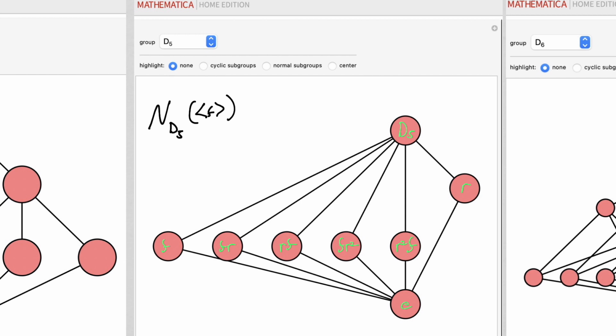And what's important is that the normalizer of a subgroup is itself a subgroup of D5, right? And the subgroup itself is always a subgroup of its normalizer, right?